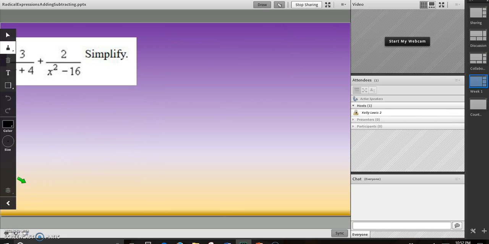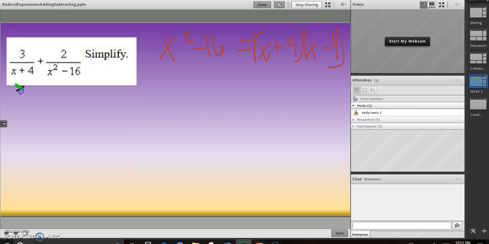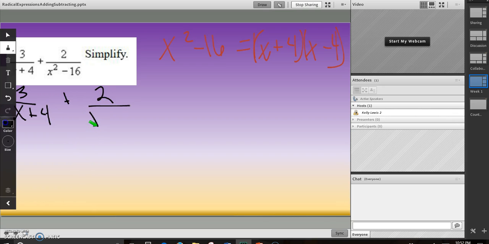Okay, let's look here. So I can't do anything with that x plus 4, but that x squared minus 16, that is x plus 4, x minus 4. All right, so I'm going to rewrite x plus 4 plus, okay, that x squared minus 16 is really x plus 4, x minus 4.